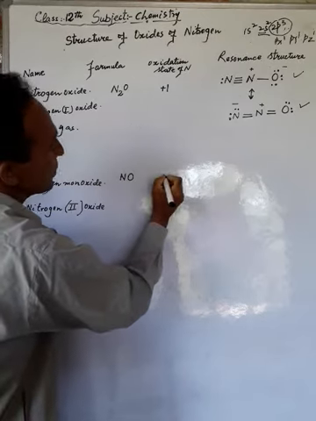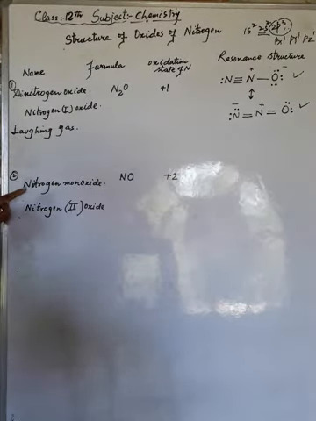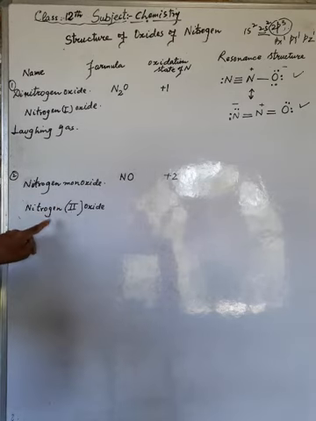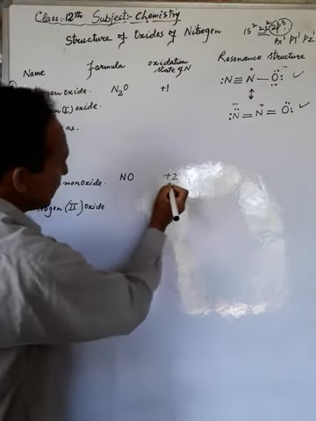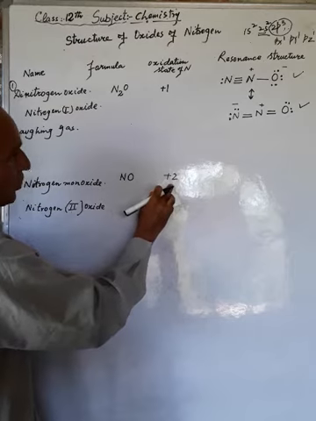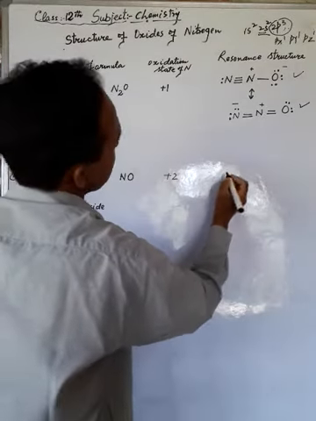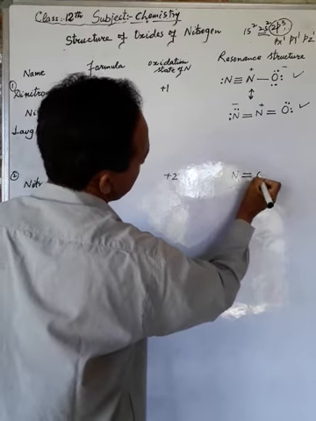So it is +2. Nitrogen monoxide or nitrogen second oxide, or we can say nitric oxide, nitrogen is in +2 oxidation state. So the resonance structure is N double bond O.